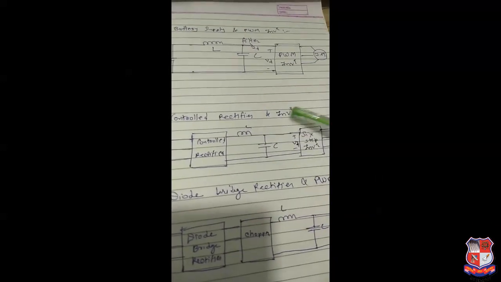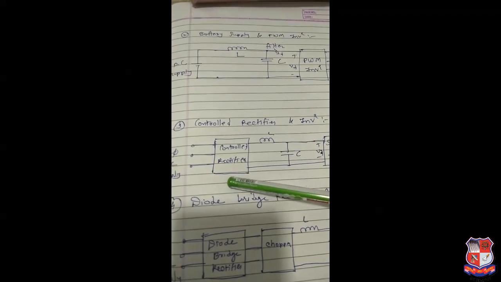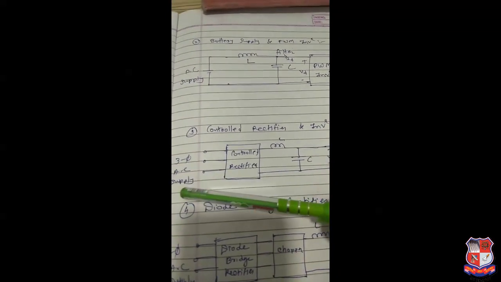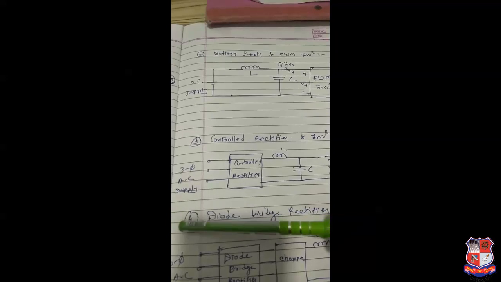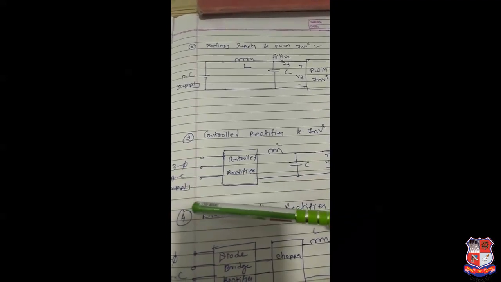Now one more technique, the controlled rectifier and inverter. In this, we have the three-phase AC supply, and we require the V by F ratio.